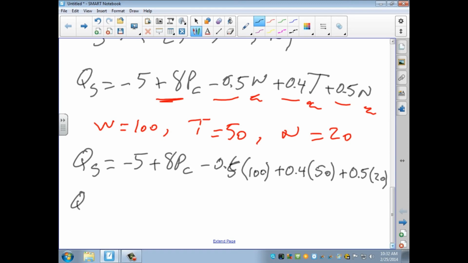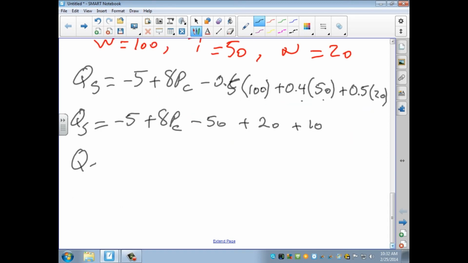So QS equals minus 5 plus 8 PC. Now 0.5 times 100 is minus 50, plus 0.4 times 50 is 20, plus 0.5 times 20 is 10.